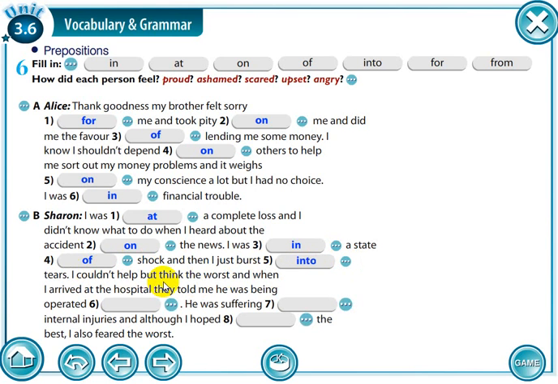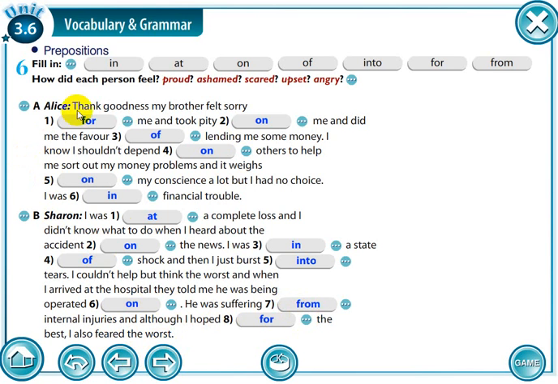I couldn't help but think the worst, and when I arrived at the hospital, they told me he was being operated on. He was suffering from internal injuries, and although I hoped for the best, I also feared the worst.